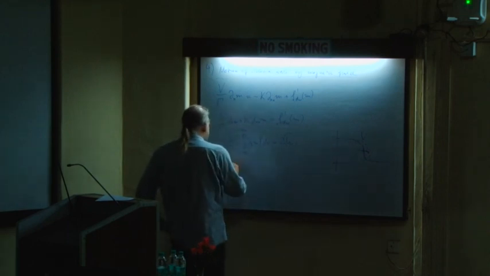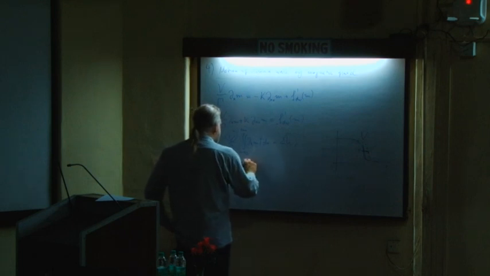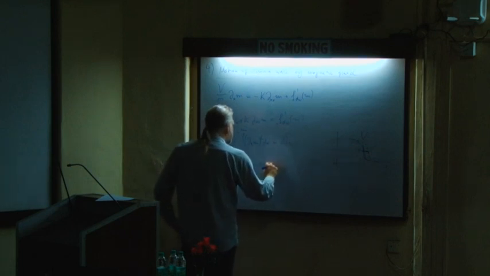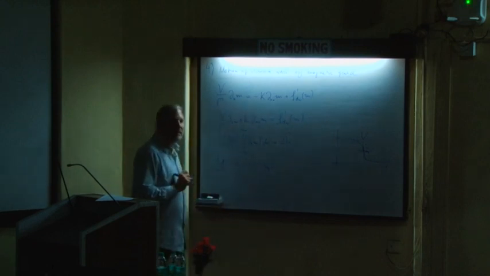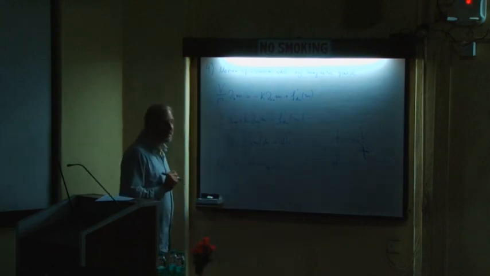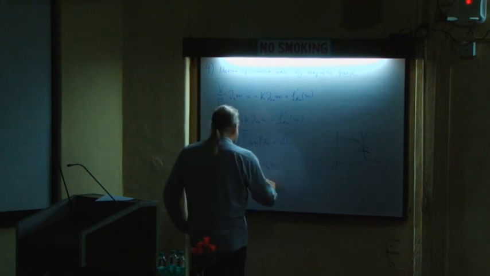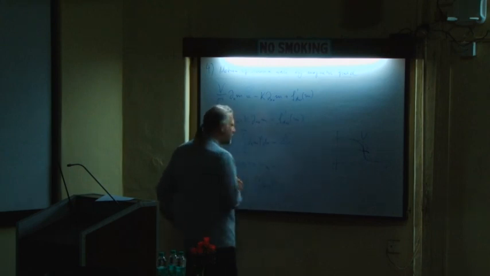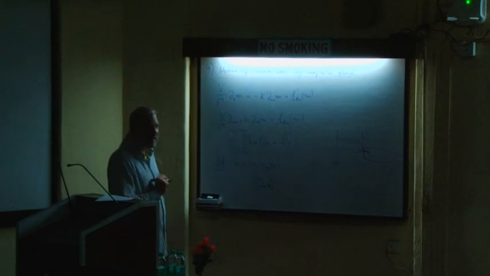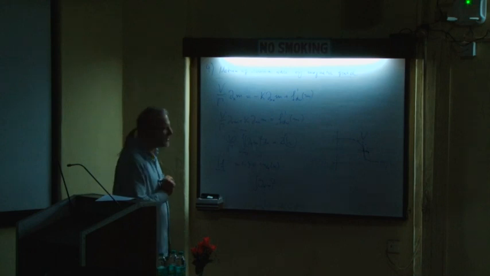So if m of x is equal to the equilibrium profile m of x, because if this is the case, I know that the integral of dx m squared, we have had this before. Remember, that was one of the formulas for our surface tension.